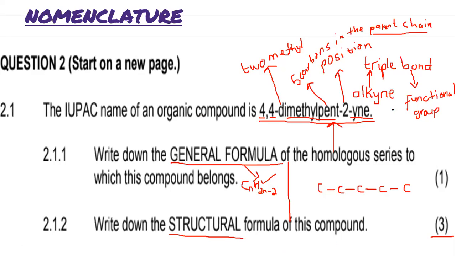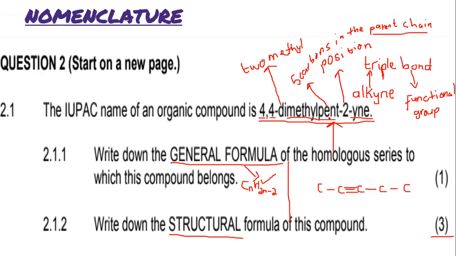Then I go, remember it's a pentyne, so I have a triple bond and it must be on carbon number 2. So if you are counting from left to right, you say this is carbon 1, carbon 2, carbon 3, carbon 4, carbon 5. Then on carbon 2, you are going to put the triple bond altogether. So it's 1, 2, 3.